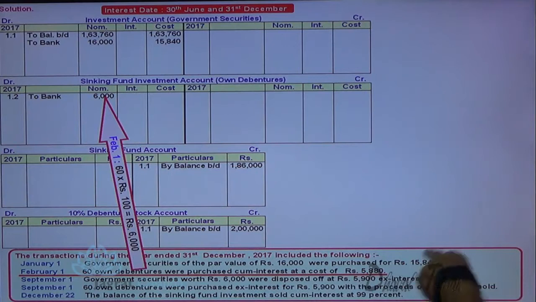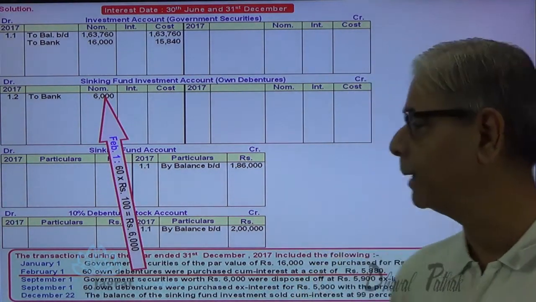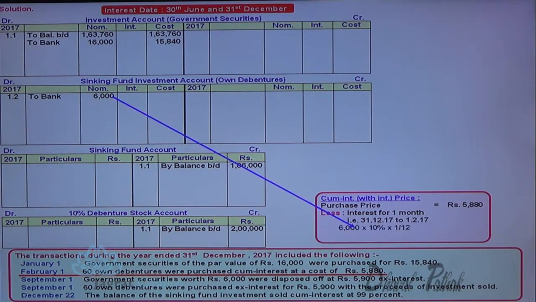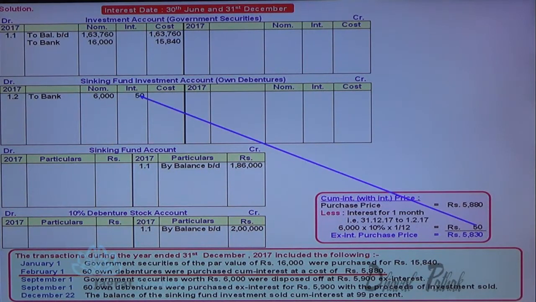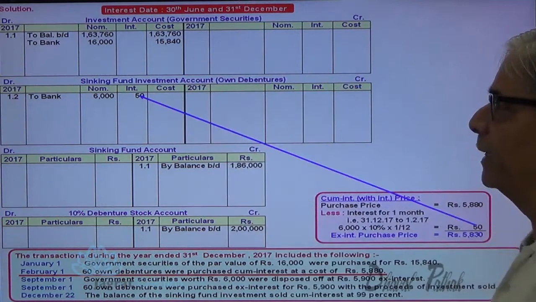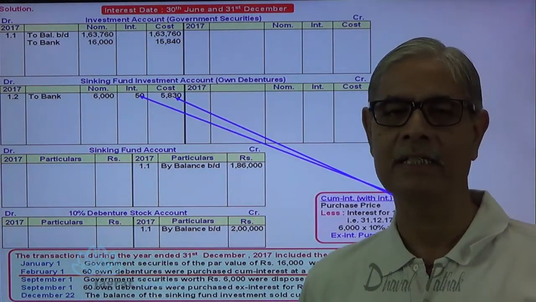Here the cum-interest purchase price is given, so 5,880 minus interest for 1 month will be deducted from it. 1 month interest is 6,000 into 10% into 1 month. So here you get the ex-interest purchase price. This ex-interest purchase price will be recorded in the cost column and the interest paid will be recorded in the interest column. This is how the purchase of own debentures is recorded.